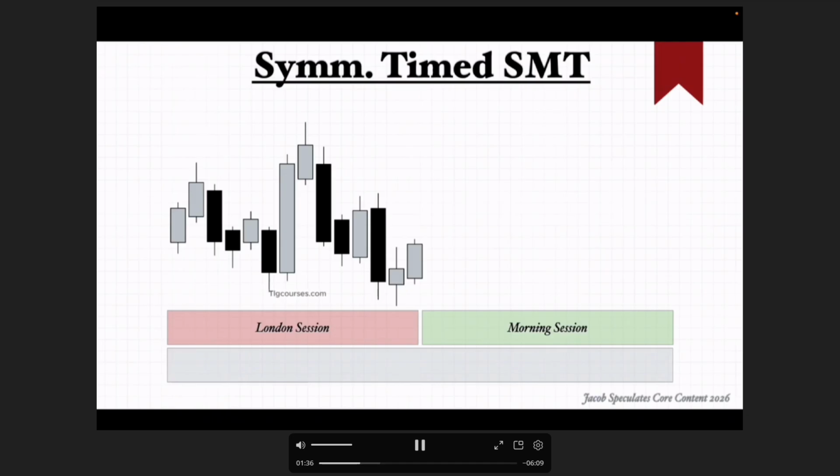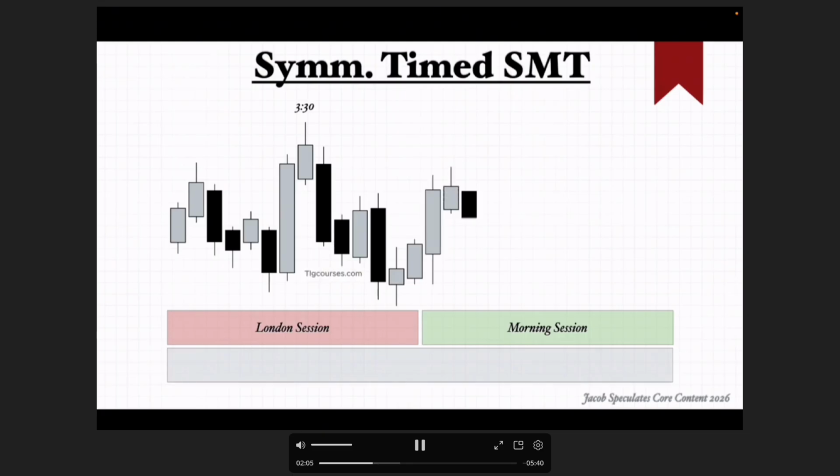The absolute best case scenario is if London session's high had the exact same high on all three of the assets. So let's say that once the London session closed, we looked on all three assets that we trade, being the S&P, the NASDAQ, and the Dow, and the high of London session on all three of these assets formed at the exact same time, in this example being 3:30.